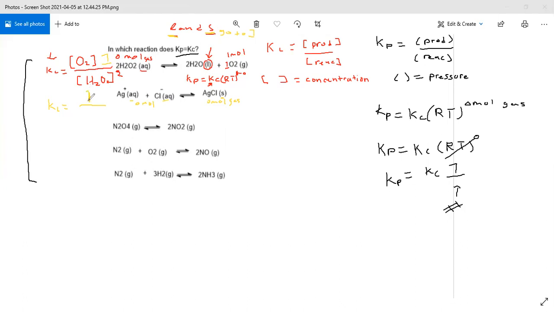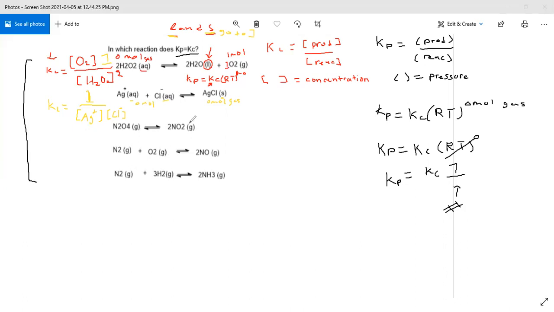But here you have to write it because you can't have nothing there. So let's put the Ag plus here and the Cl minus. So your answer is going to be whatever the concentrations are for the Ag times the Cl, and you're going to do 1 divided by those. So let's go to the next one.